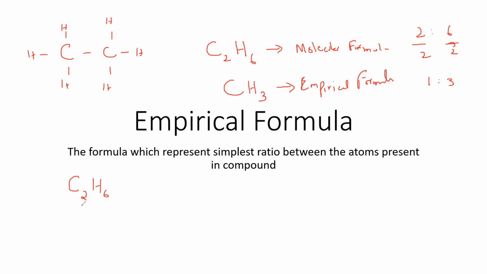When we take the simplest ratio between the atoms 2 and 6, how do we do it? We divide by the smallest value. That's why we divide both of them by 2. When we divide both by 2, carbon is 1 and hydrogen is 3. So the ratio between carbon and hydrogen is 1 to 3. This formula, which has the simplest ratio, we call the empirical formula.